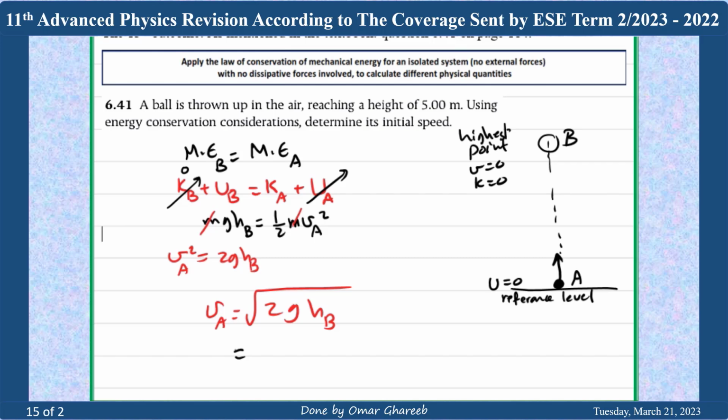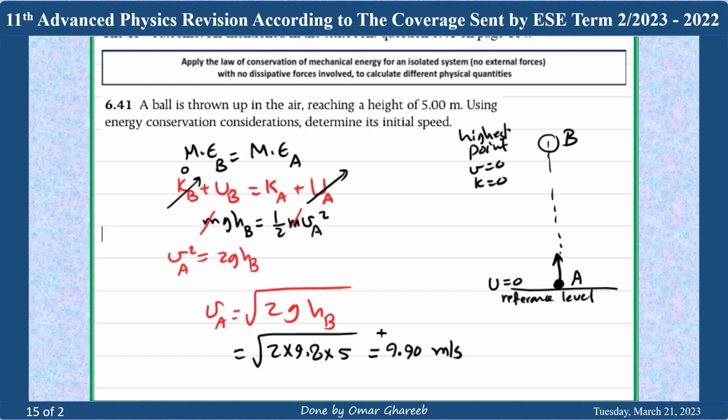Square root of 2 times g, 9.8, times h_B, which is 5. So the answer is square root of, I think, 98. It is 9.9, almost 9.90 meter per second.